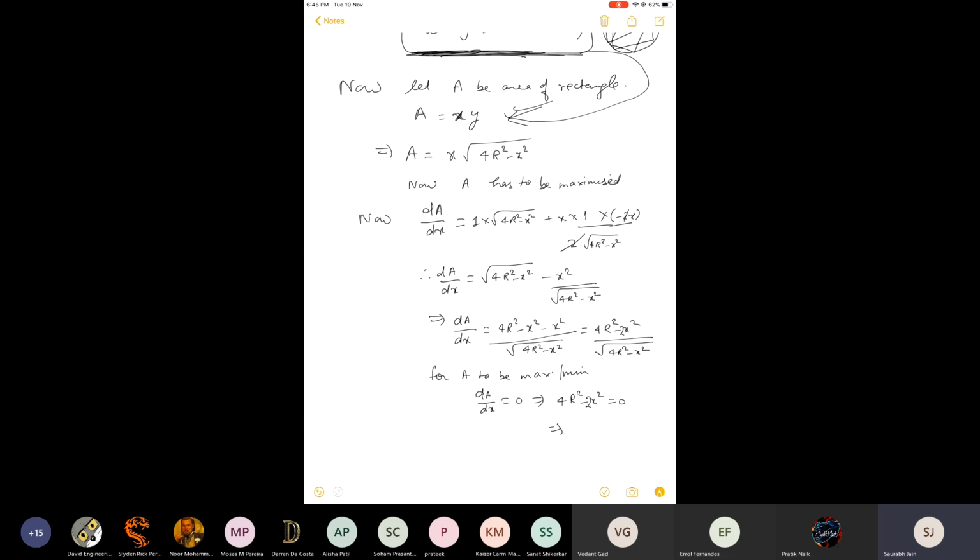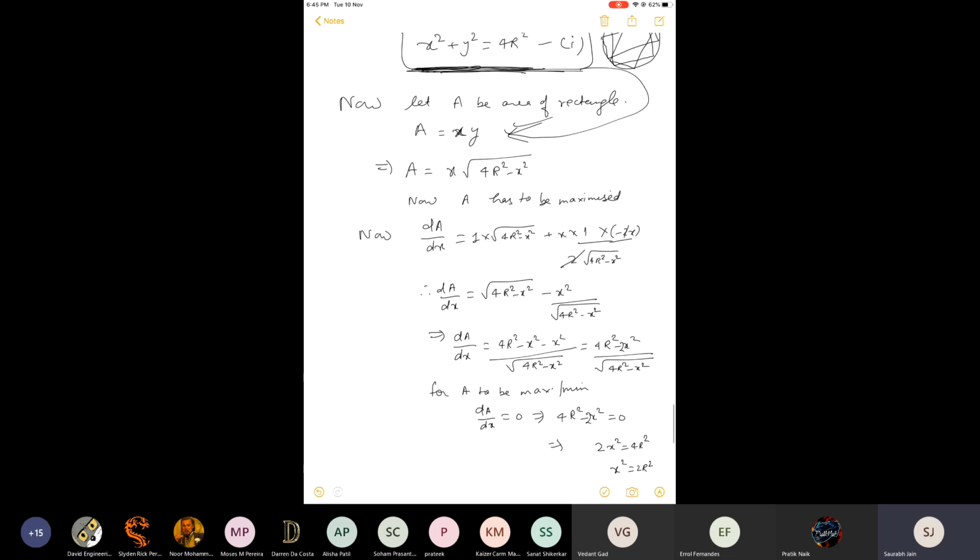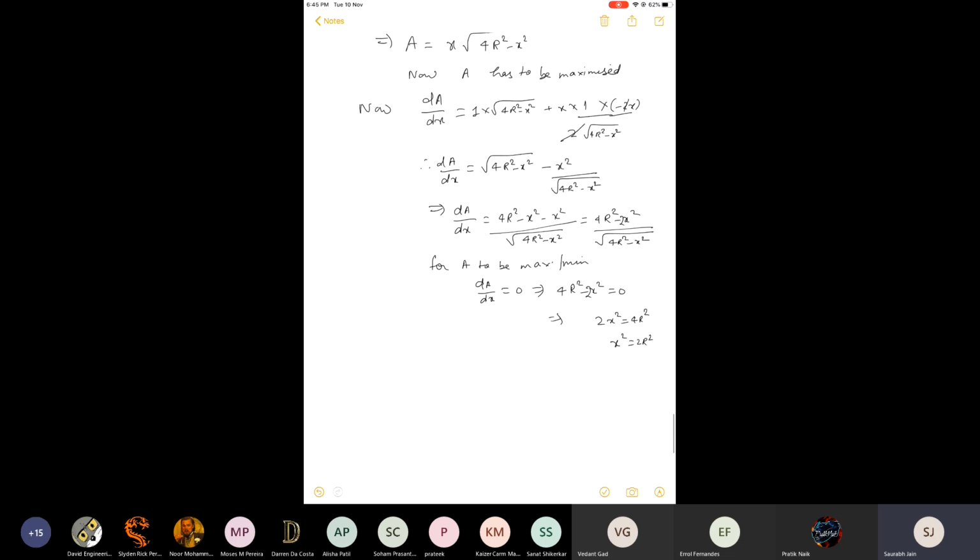Let us complete this. 2x square is 4r square, so x square is 2r square. Put this value of x square as 2r square in the first equation. Since x square plus y square is 4r square, you put this value here, so y square will also come equal to 2r square.